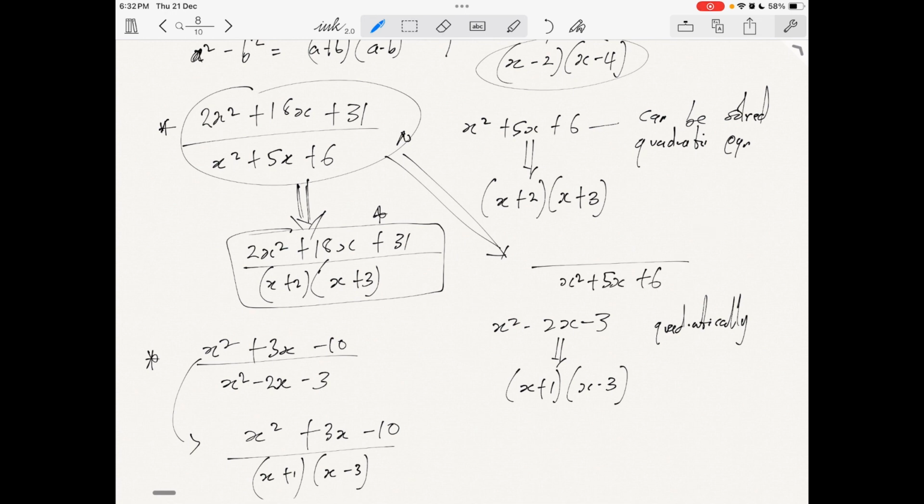And obviously I know that at the denominator I have x squared, so I should have x raised to power 1 and x raised to power 0. So this should give me a, and this will obviously give me b.